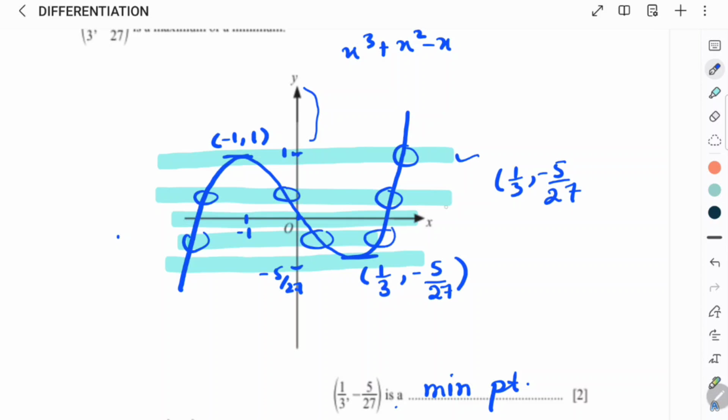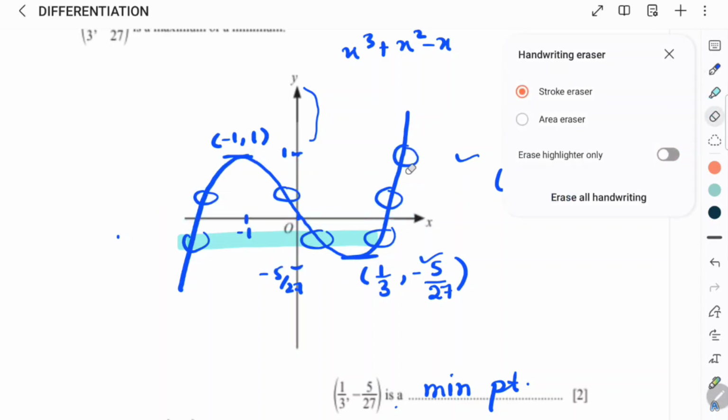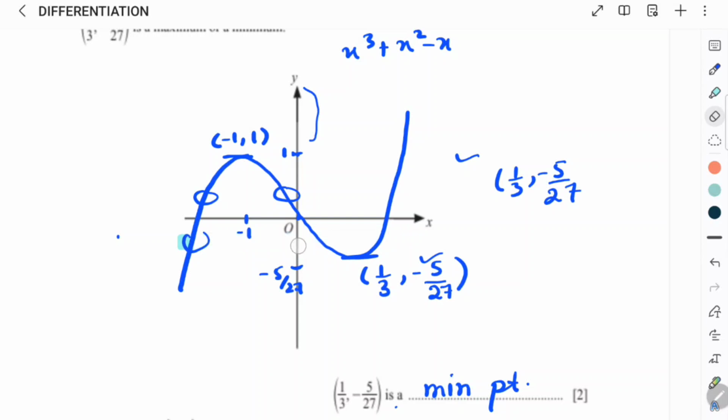But whenever I check these 2 points, the curve is intersecting at only 2 points. Alright, so I'm checking here. The curve is intersecting at the top of the extreme values at only 2 points. In between, more than 2 points.